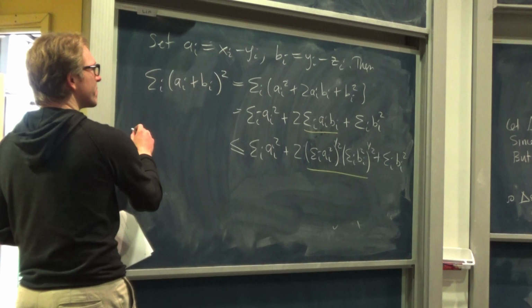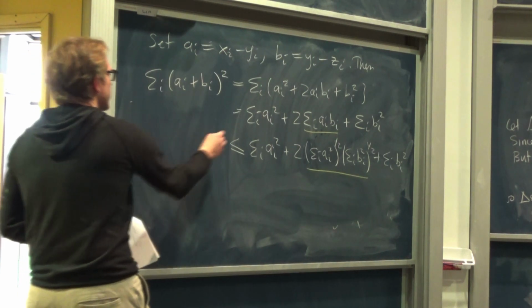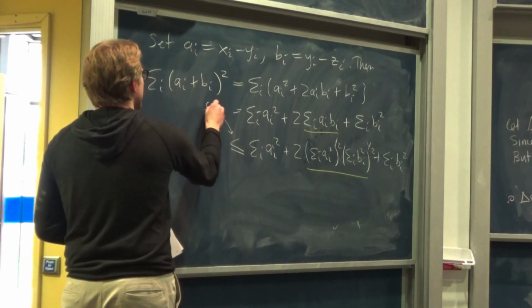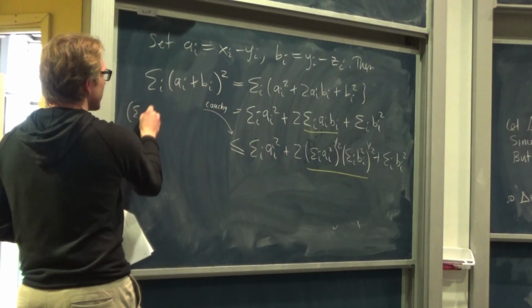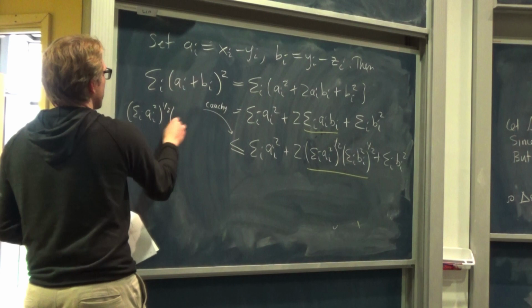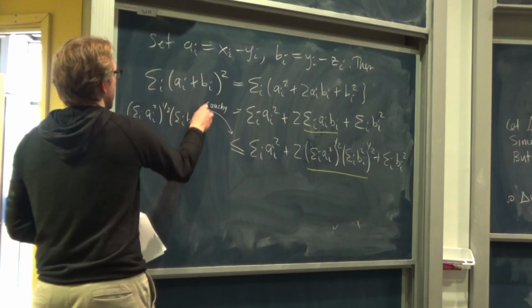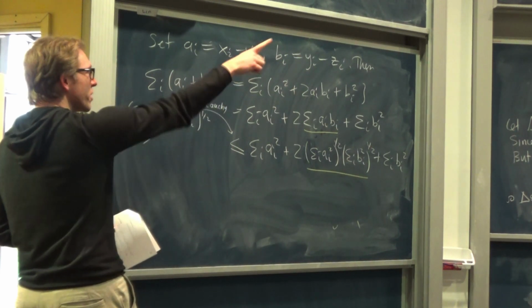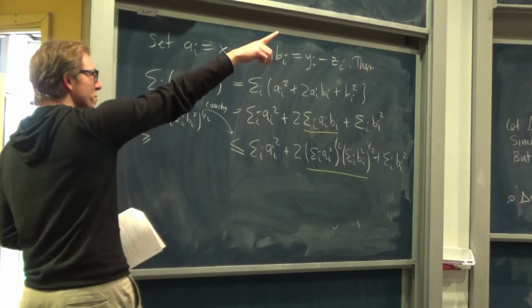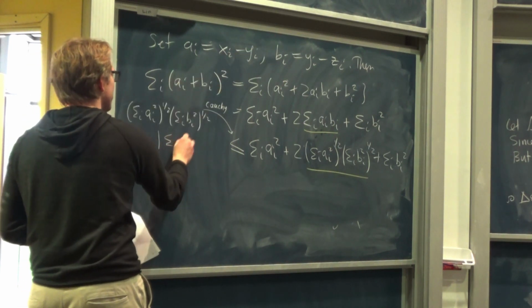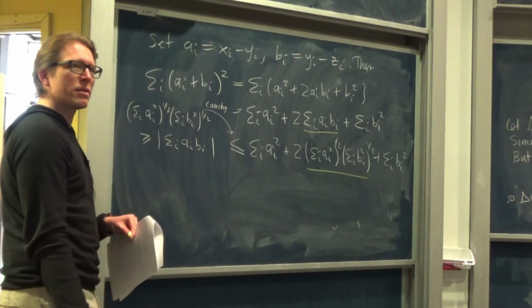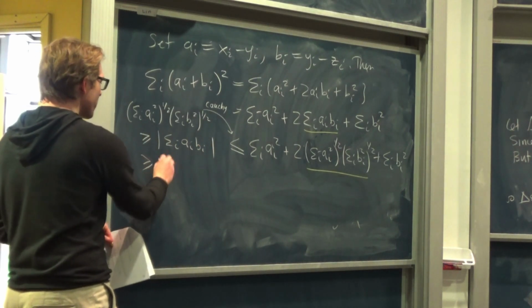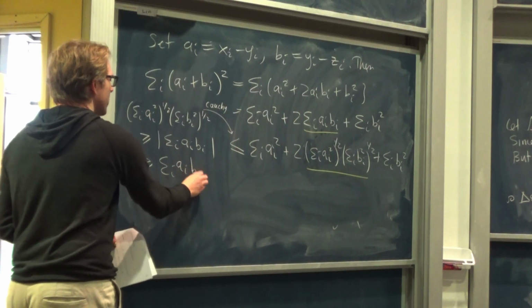Right, so this is Cauchy, but what Cauchy actually says is, square rooting gives me the square root of the square, which is the absolute value, right? But the absolute value is greater than or equal to the thing itself.